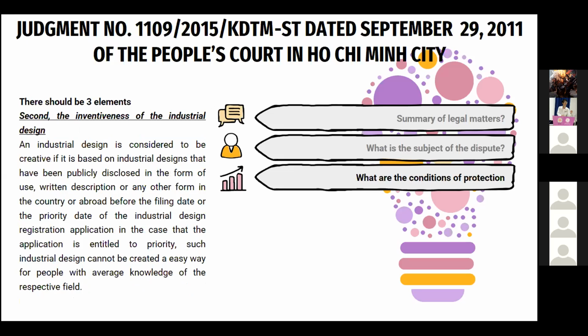Second, the inventiveness of industrial design, in terms of the creativity of industrial design. An industrial design is considered to be inventive if it is based on industrial designs that have been publicly disclosed in the form of use, written description, or any other form in the country or abroad before the filing date or priority date of the industrial design registration application, in the case that the application is entitled to a priority.